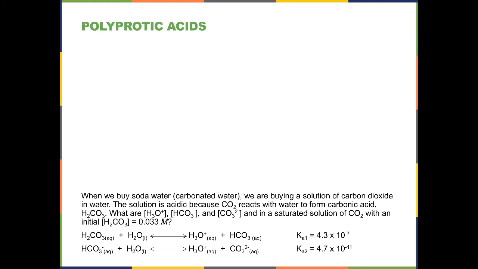Then the bicarbonate donates a proton to water to form hydronium ion plus carbonate ion. And you see that the first ionization has a Ka of 4.3 times 10 to the minus 7. The second has a Ka of 4.7 times 10 to the minus 11. So the first one ionizes more completely than the second.